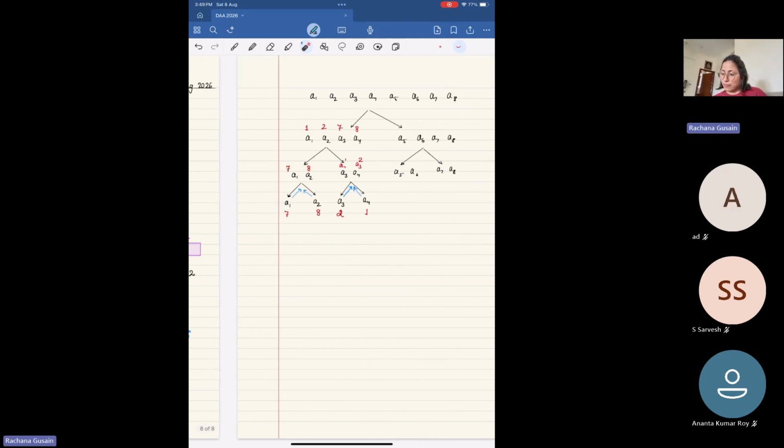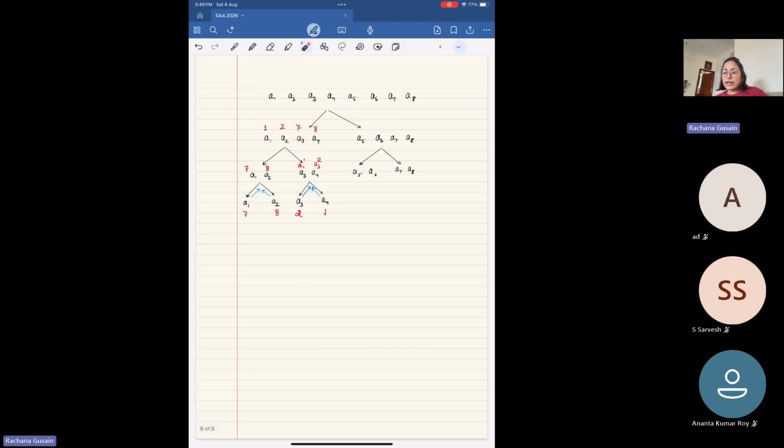Okay, so in this entire merge sort algorithm, the real thing happens during the merging step. Earlier, when we are going from top to bottom, we are just splitting the array at the middle. That is all we are doing. But when it comes to merging the solved subarrays, there you have to apply some algorithm.